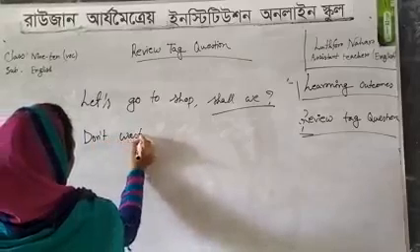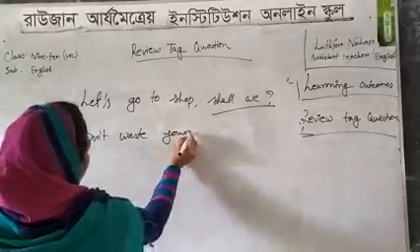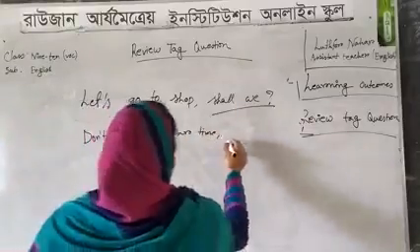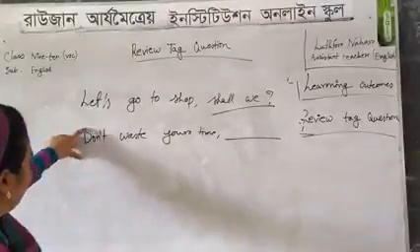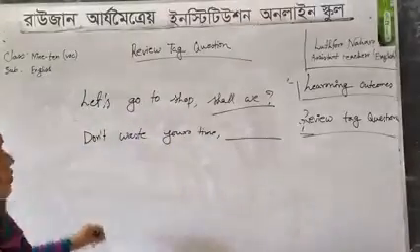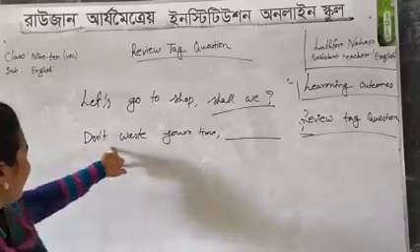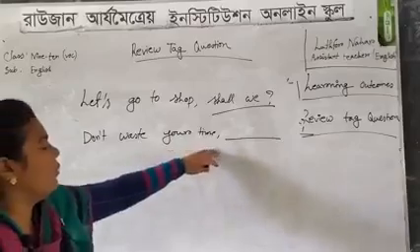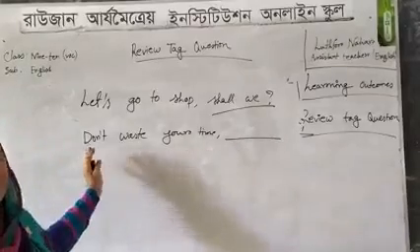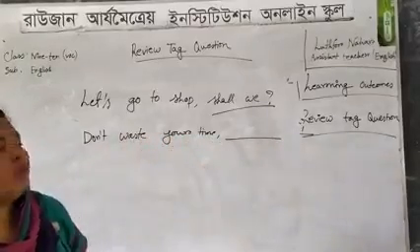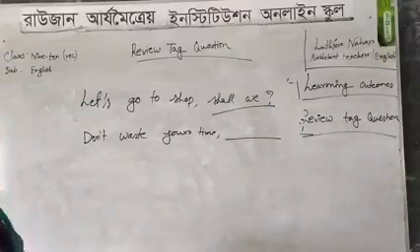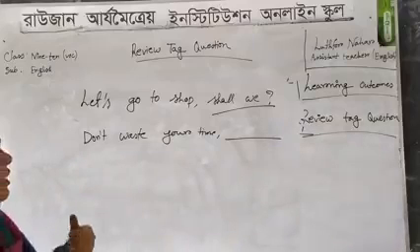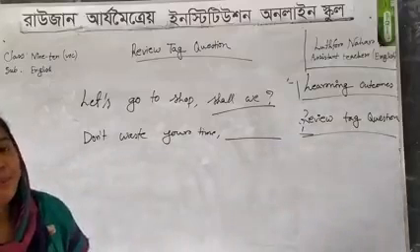Don't waste your time, will you? You already know that don't waste your time is a negative statement. That's why we have to use a positive tag, as it is a sign of nearest future tense, as the action has not happened yet.